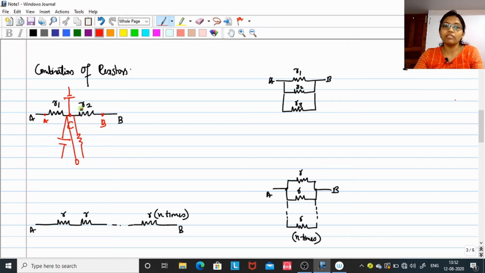What I meant was, if two resistors have a common terminal, a common point, and also nothing emerges out from that common point, then you can say that R1 and R2 are in series. Okay, I will give you an example.